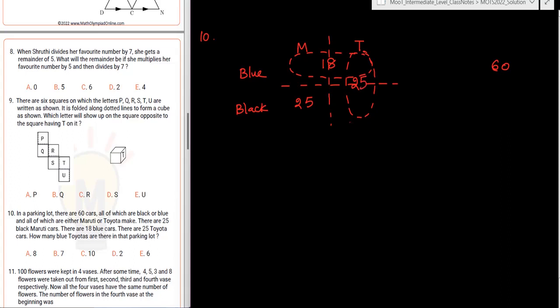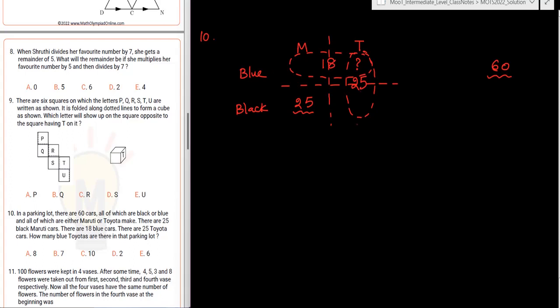How many blue Toyotas are there in the parking lot? They are asking what is this in this quadrant? How many blue Toyota cars are there? Okay, so now how do we find this out? We have been given this total 60. Now you see there are 25 black Maruti cars that is given. And then they have also given there is 18 blue cars and 25 Toyota.